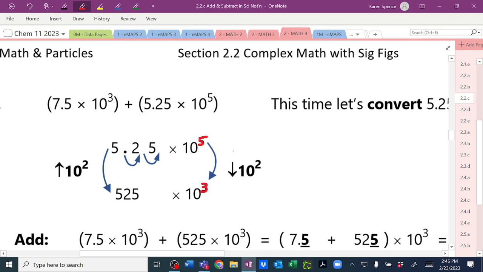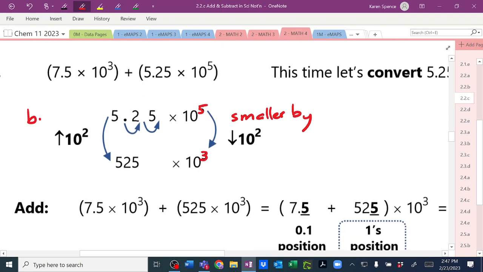This time, the exponent got smaller by 10 to the 2. So the coefficient needs to get bigger by 10 to the 2. So we're going to take 5.25, move our decimal place over a couple of places, and it ends up there.